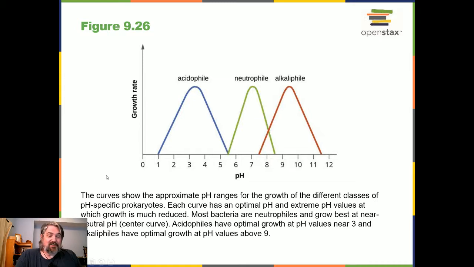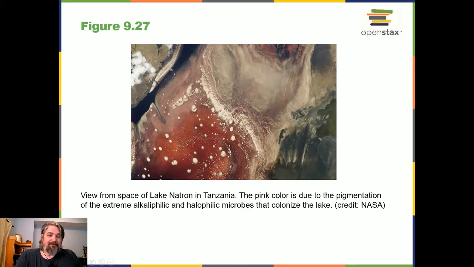Now, alkalophiles include Vibrio cholerae at 8 to 11. The bright pink archaeon Natronobacterium, found in the soda lakes of the African Rift Valley, apparently holds the record at 10.5 pH.